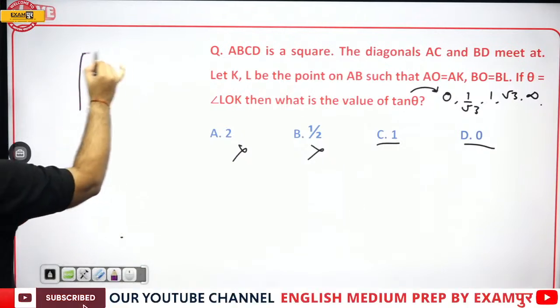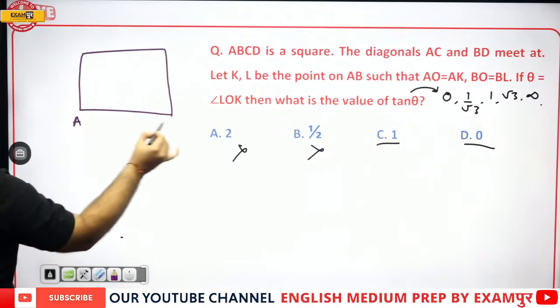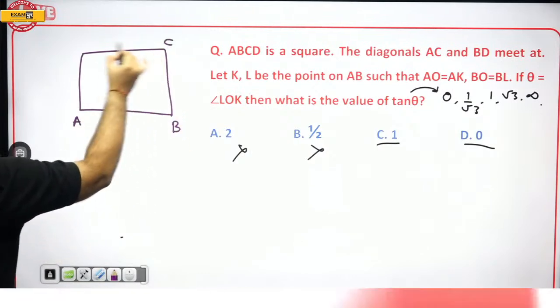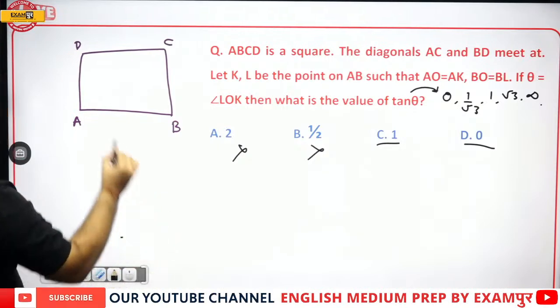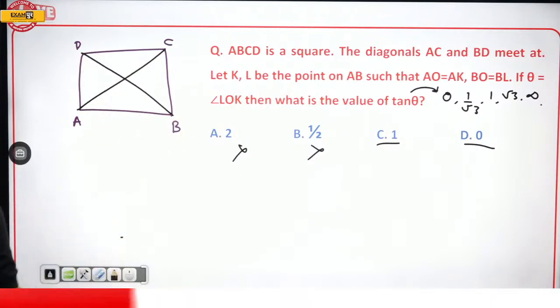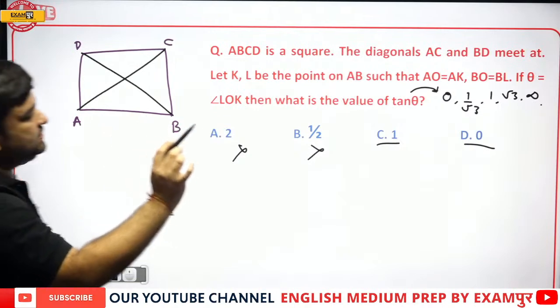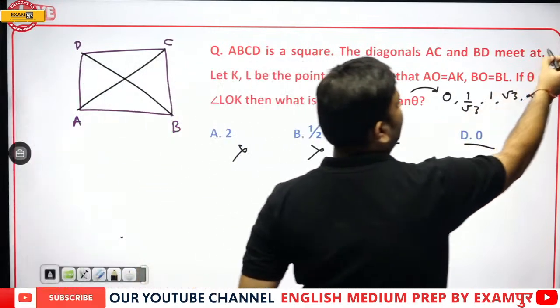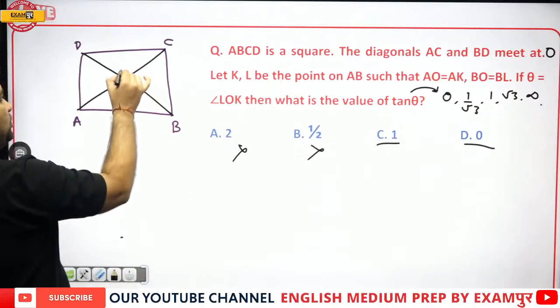ABCD is a square. Diagonals AC and BD intersect and meet at O. Okay.